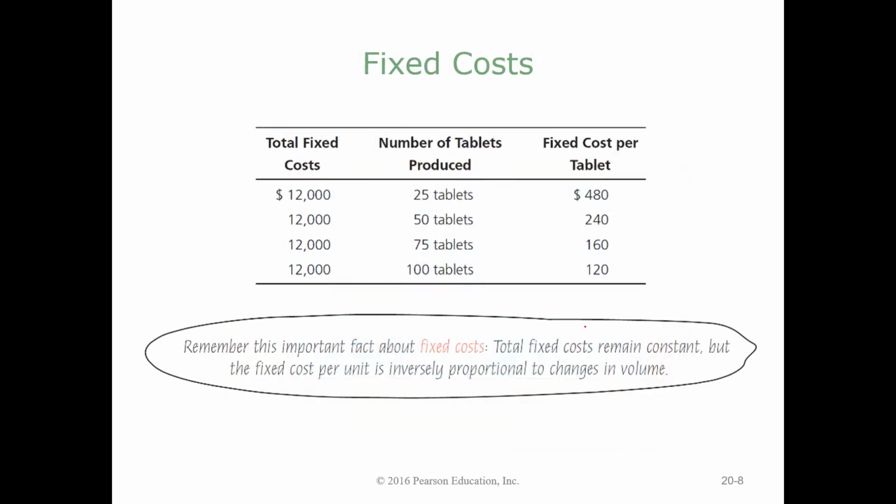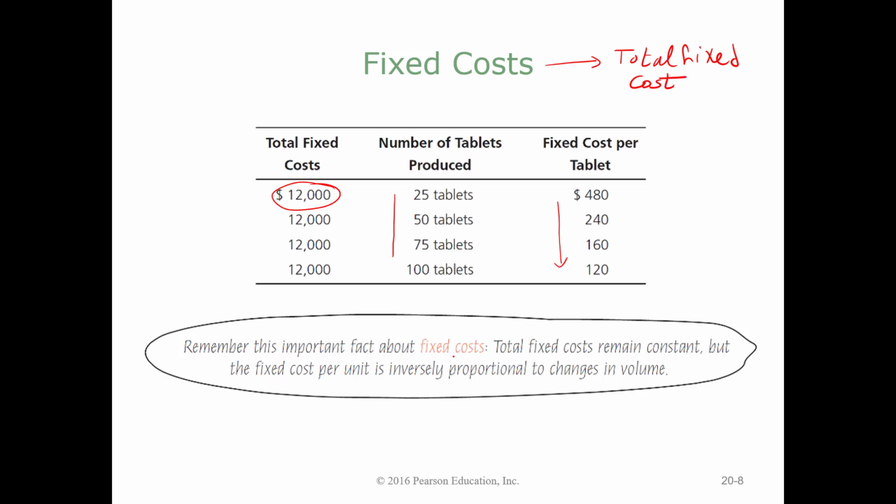For the fixed cost, we said we have a total fixed cost. As long as we are increasing the number of units produced, the cost per unit will decrease. This is why, again, if I'm talking about fixed cost, it means the total fixed cost will be fixed or constant.